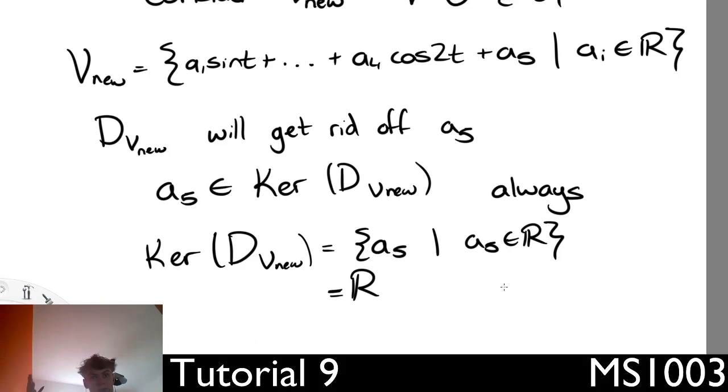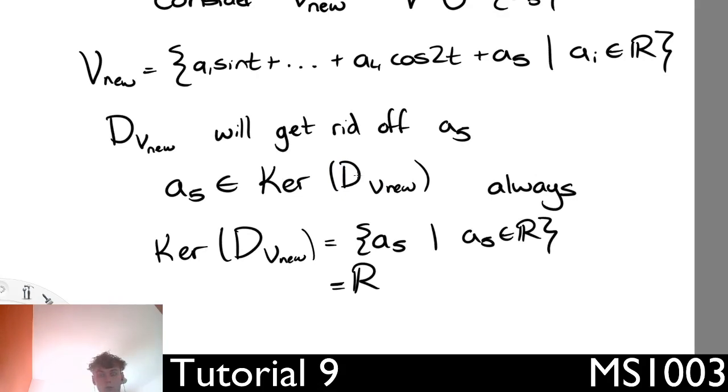Remember, to make an inverse map, it has to be surjective and injective, or bijective. But here I've just shown that if I add even just a constant function to my vector space, immediately my differentiation map is no longer invertible. So that's the punchline.